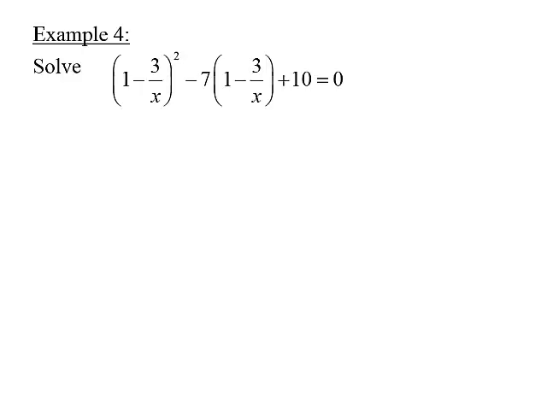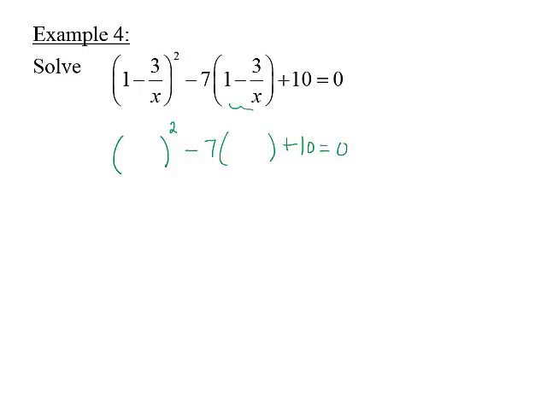Another example, I have 1 minus 3 divided by x, quantity squared, minus 7 times 1 minus 3 over x, plus 10 equals 0. So I'm again thinking, can I write this as something squared minus 7 times something plus 10 equals 0? Well, it was really already in that form, right?